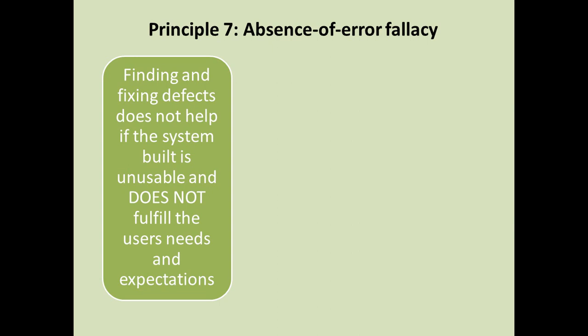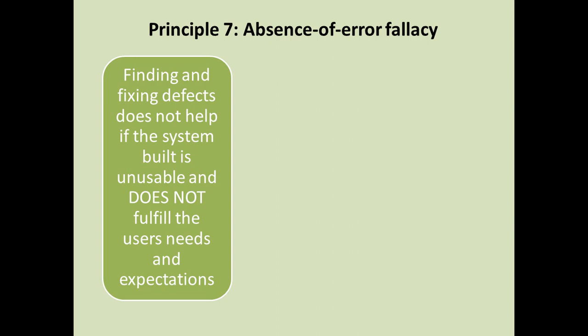So if you're testing software, you are finding defects, all the defects are fixed, and your software is working perfectly fine, all the performance is good, you're getting a good response, and it doesn't fail at all, it's very good quality, but it's not usable for the end user.